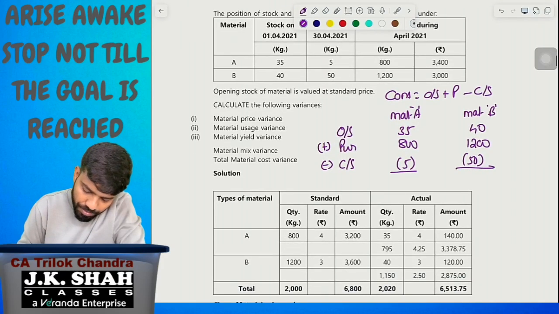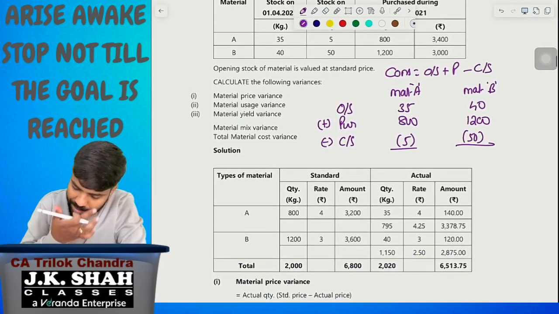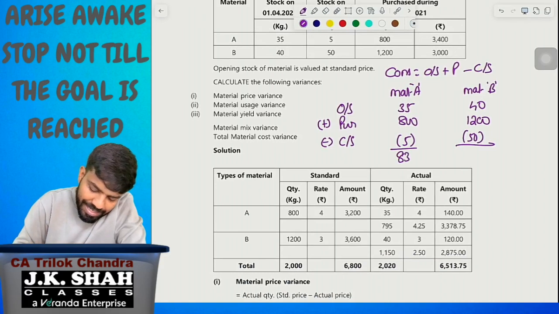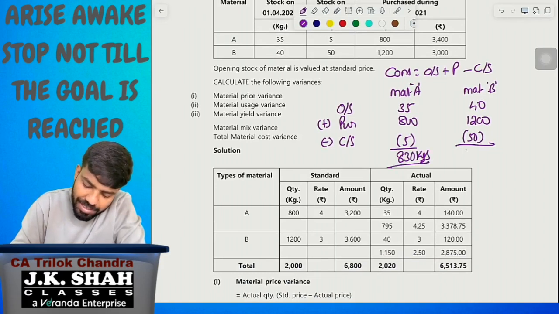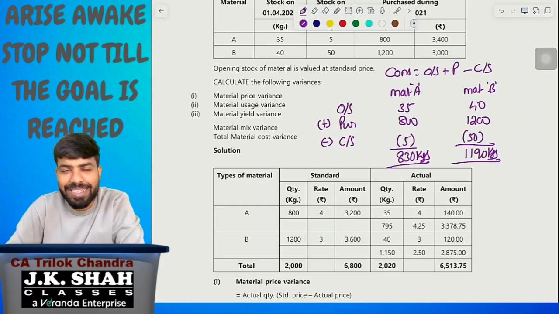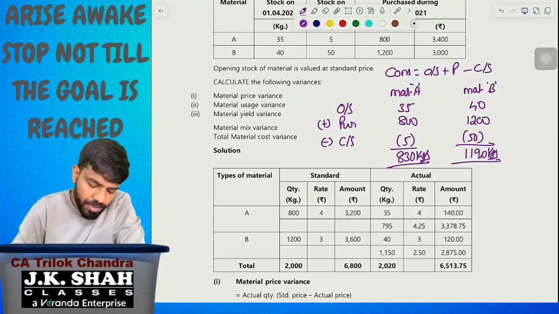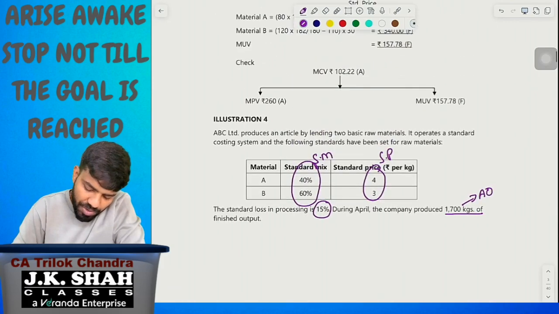Now, what is the consumption? For material A, total consumption is 830 kgs. For material B, it is 1190 kgs.